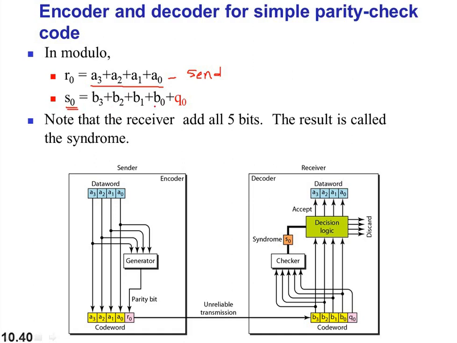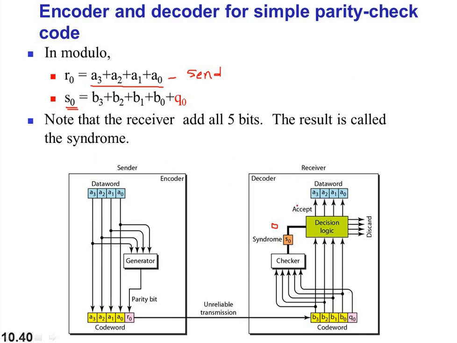Now all the 5 bits are added and the syndrome is generated. If this syndrome is 0, then a logical decision will be taken by the analyzer.